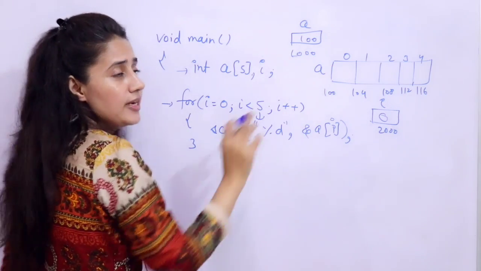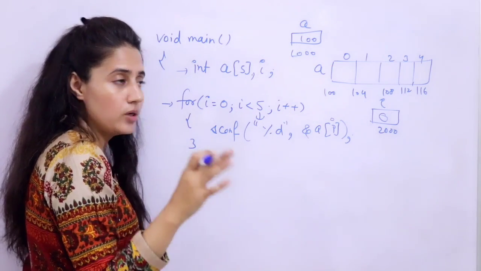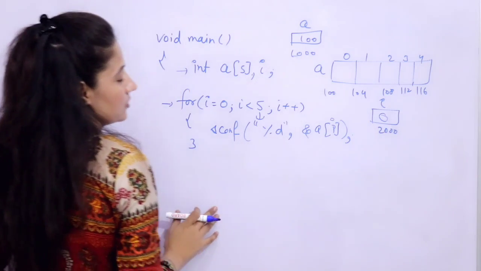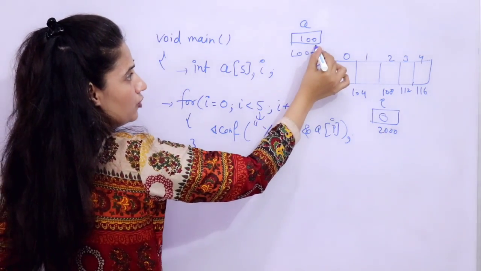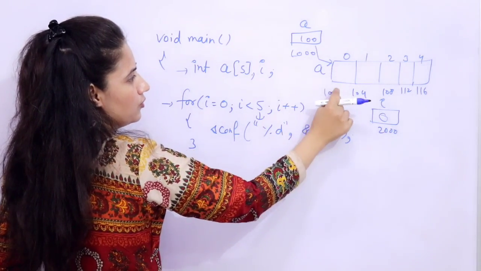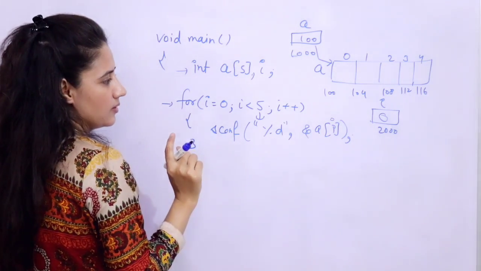Any address would be in hexadecimal form, but just to make you understand I am taking simple addresses. This is a pointer to the first element of the array.